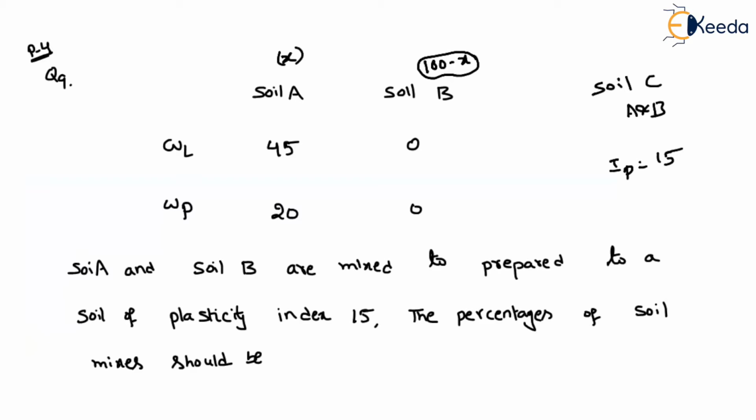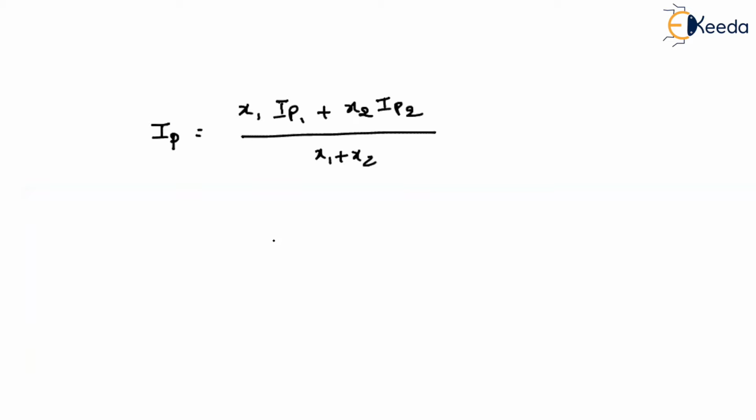Let us say this final IP value is a weighted average: X1 percentage soil having IP1 plus X2 soil having IP2, divided by the total soil sample, that is X1 plus X2. Now the final value given is 15.